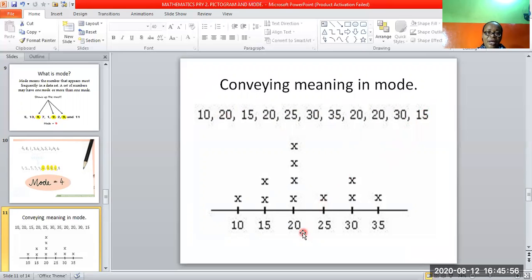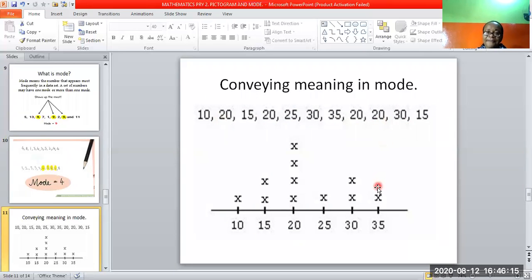Okay? Number 20, how many times? 1, 2, 3, and 4. Only 4 times. We have seen 20 appearing 4 times in the set of numbers. Okay?